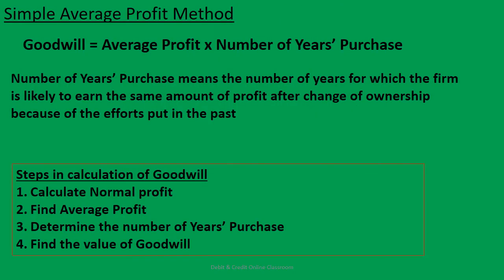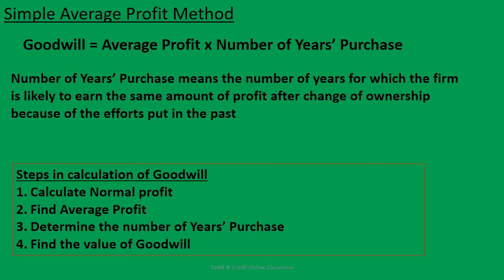Let us see how the goodwill is calculated using the simple average profit method. Using the formula, goodwill is equal to average profit into number of years purchase, we are calculating the goodwill. Number of years purchase means the number of years for which the firm is likely to earn the same amount of profit after change of ownership because of the efforts put in the past.